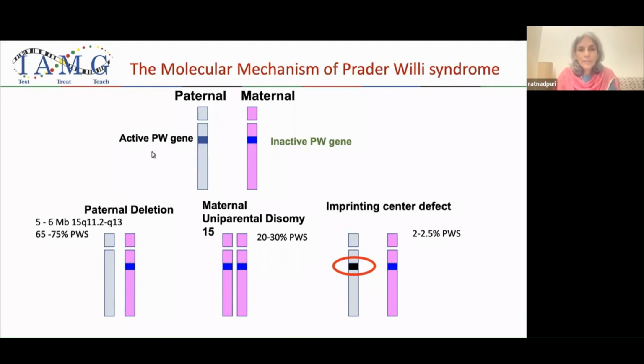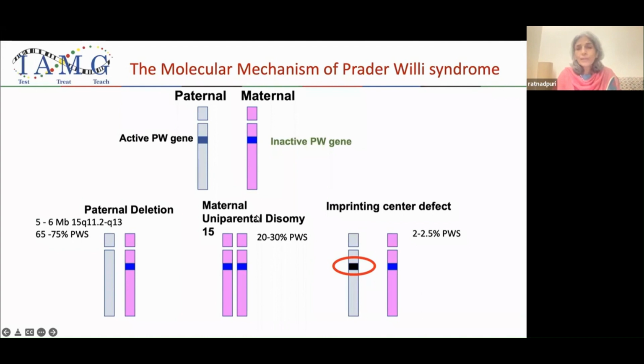What are the various mechanisms by which we can knock off this active Prader-Willi allele? It could be a paternal deletion. If this region is deleted, there is no active copy of the Prader-Willi gene, and it will cause Prader-Willi syndrome. This is seen in 65 to 75% of patients with Prader-Willi.